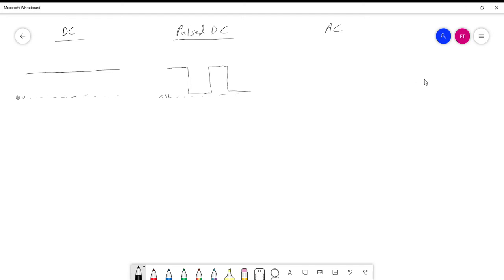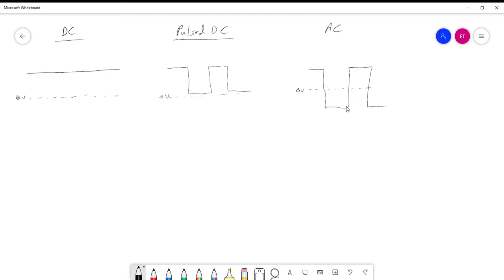AC voltage, let me get my 0-volt line in here. AC stands for alternating current, which means current is going to be going one way and then reverse direction at some point in time. So if we kept the same waveform as we just did, this would be AC, where we have positive voltage, but then it reverses polarity.